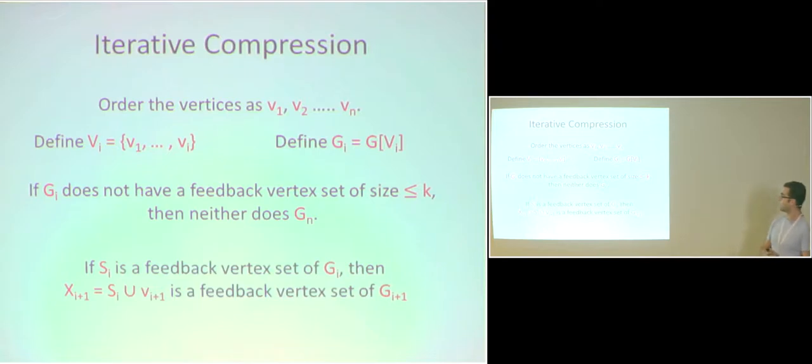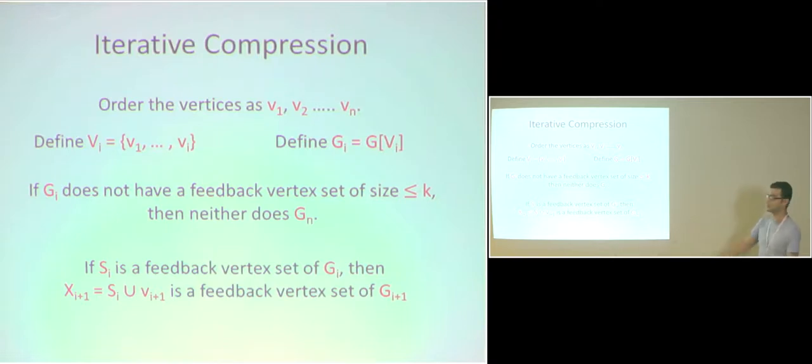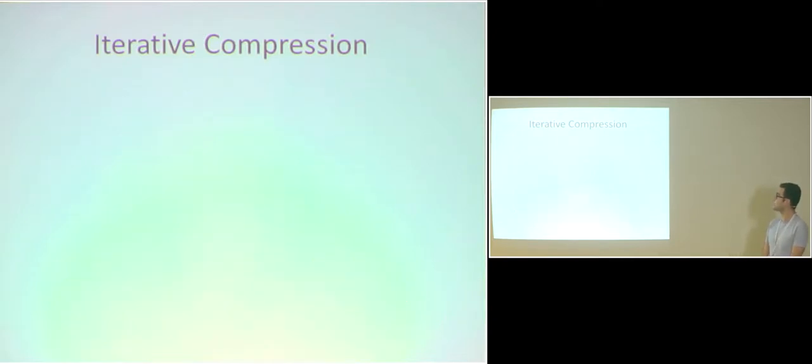So another thing that is well worth noticing is that if I have a feedback vertex set to the graph Gi, and I call it Xi, then if I add a vertex to Gi to get Gi plus 1, and I add the same vertex to Xi to get Xi plus 1, then Xi plus 1 is a feedback vertex set of Gi plus 1, because I added a vertex and then I removed it again. Okay? So this really easily gives us iterative compression.